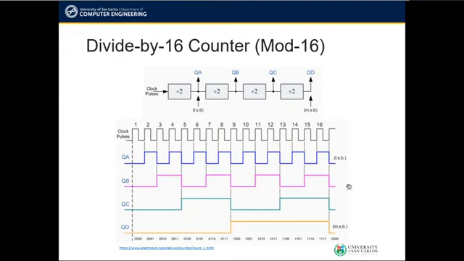As you can see, 1 cycle or period in the final output takes the same amount of time as 16 cycles of the original input frequency. Thus, the input frequency has been divided by 16 using a modulo 16 counter.